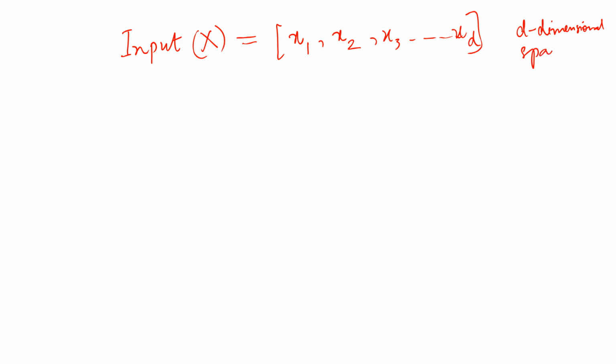My input is nothing but a vector of x1, x2, x3, and so on. I'm denoting each of the factors or attributes with x, right? So I have this vector of features in d-dimensional space. So I'll have eventually xd, and this is a d-dimensional space, just to make it clear. And this is a vector of features that I have, right?